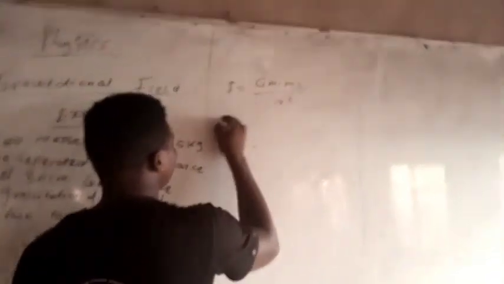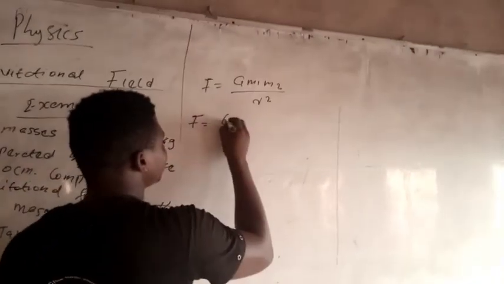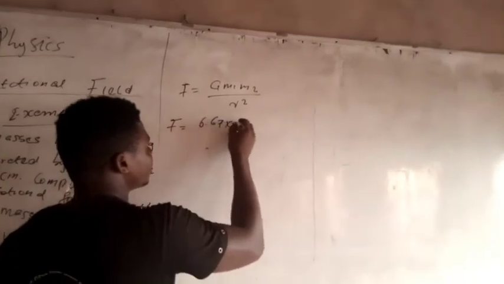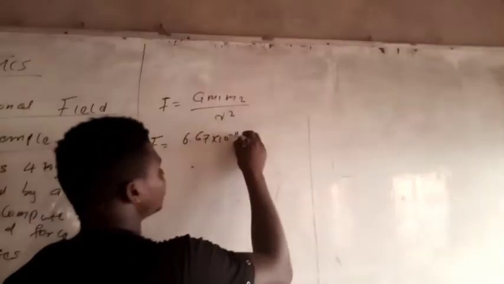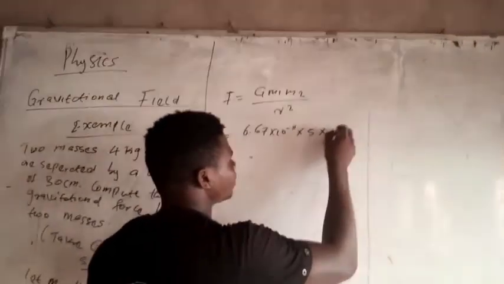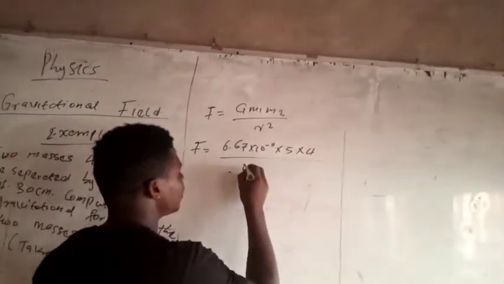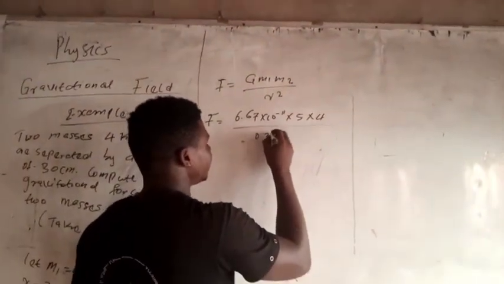R squared. Now, let's substitute the values. We have F equal to 6.67 times 10 raised to the power minus 11 multiplied by 5 times 4 all over 0.3 squared.